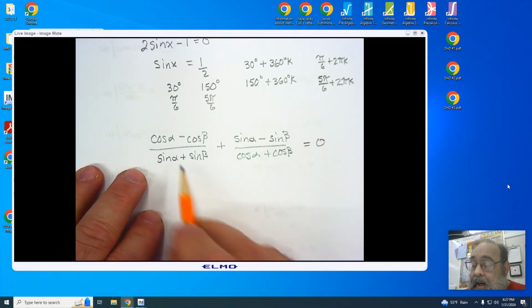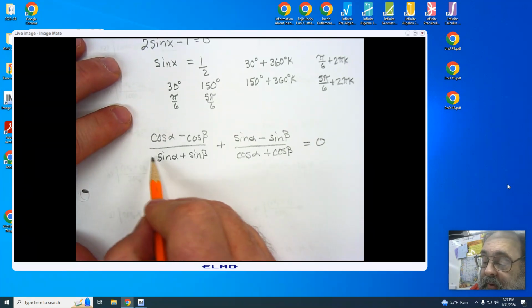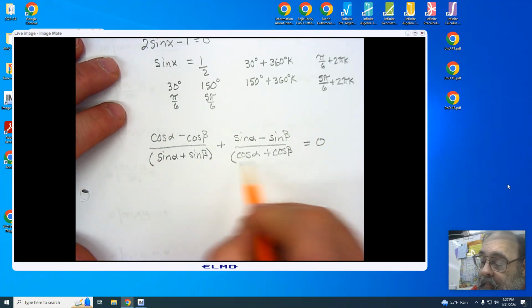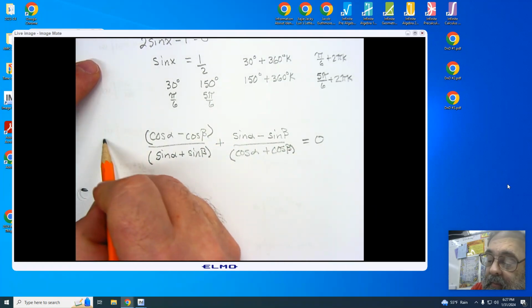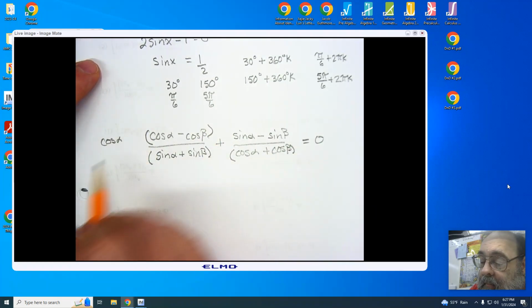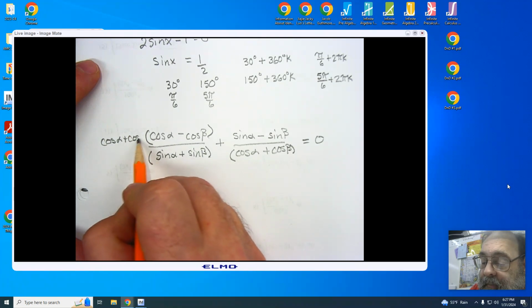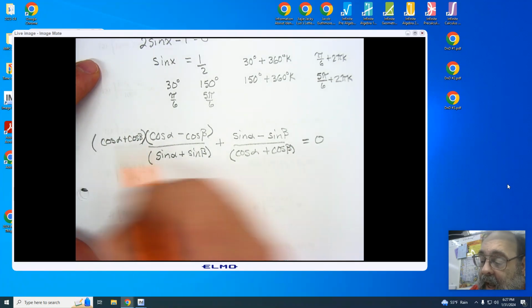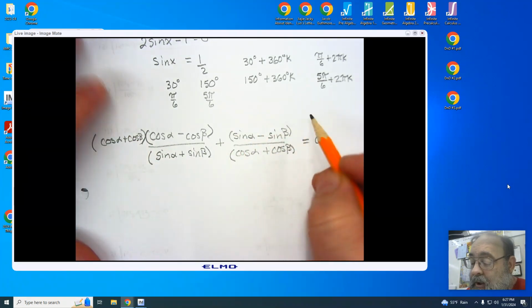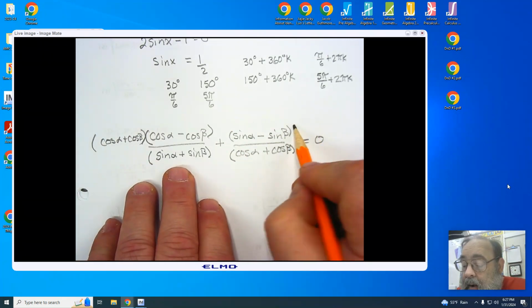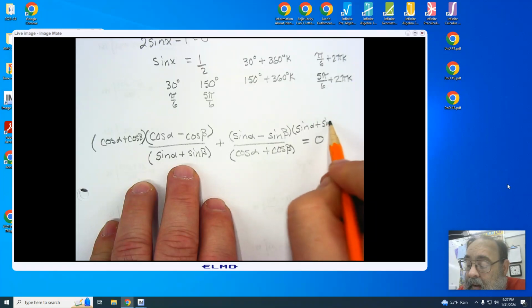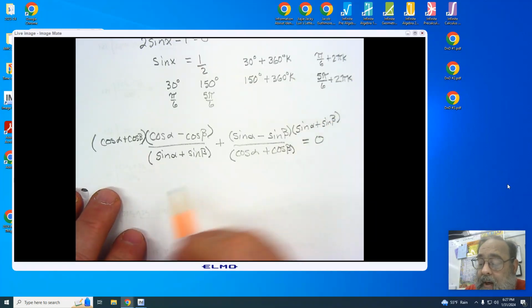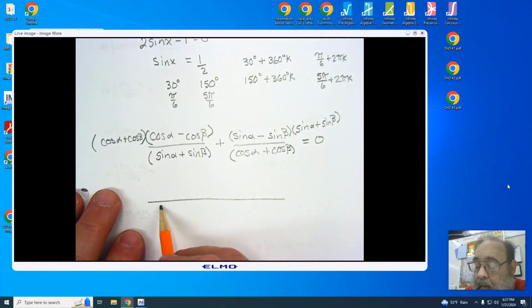The denominator needs to be the same. So if I multiply the top of the first fraction by cosine of alpha plus cosine of beta, and I multiply the second fraction by this denominator, sine of alpha plus the sine of beta, I'm going to end up with a common denominator.